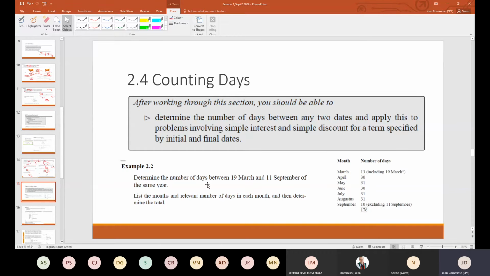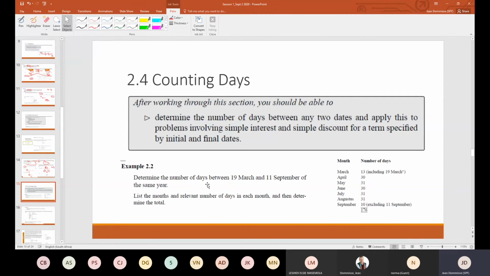So let's quickly look at how they, and again, a lot of it is in the wording: determine the number of days between 19 March and 11 September of the same year. They tell us to list the months and relevant number of days in each month, and then determine the total. The total is just adding all of that together.